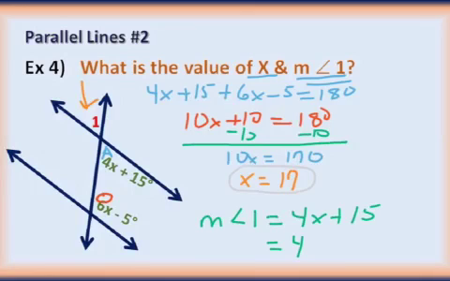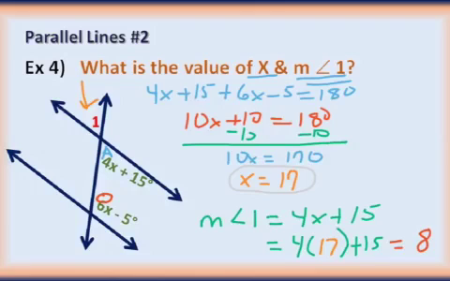Which means we get 4 times, we have an x value of 17, so we can put 17 in, so 4 times 17 plus 15. Excuse me for running out of room, but when we multiply that out, we'll see that that's 83 once we put that in our calculator.